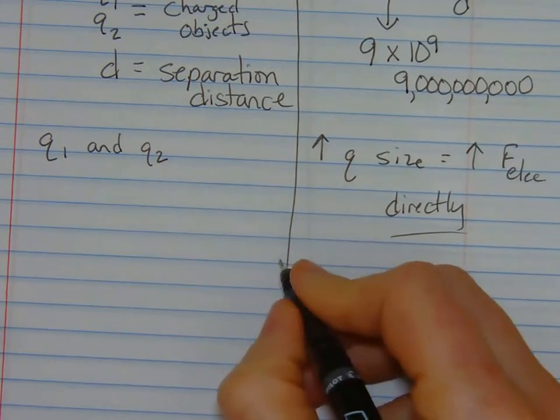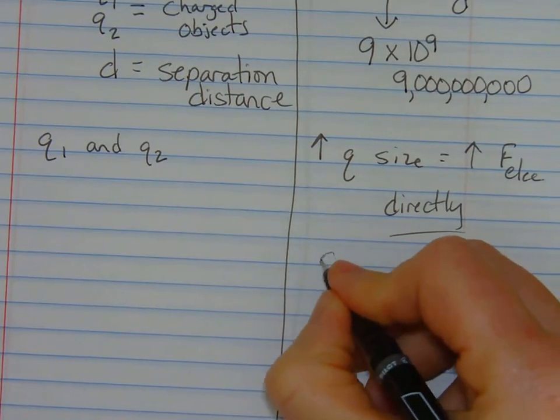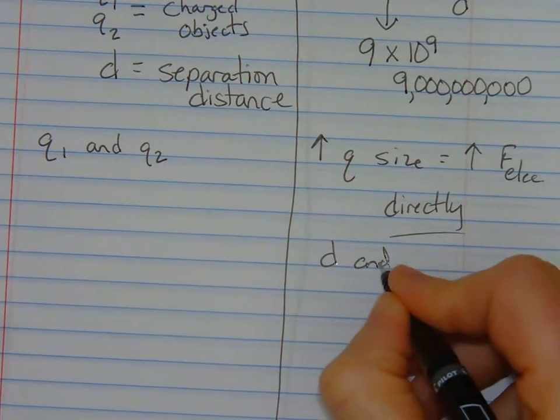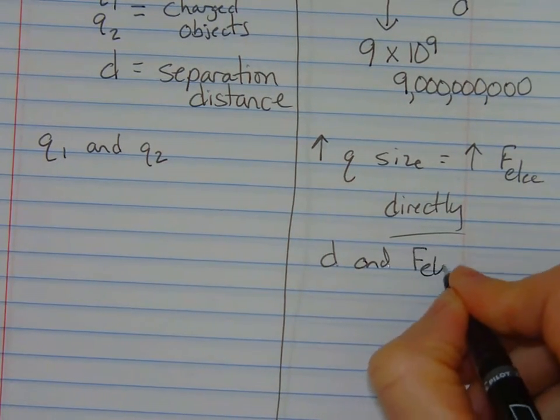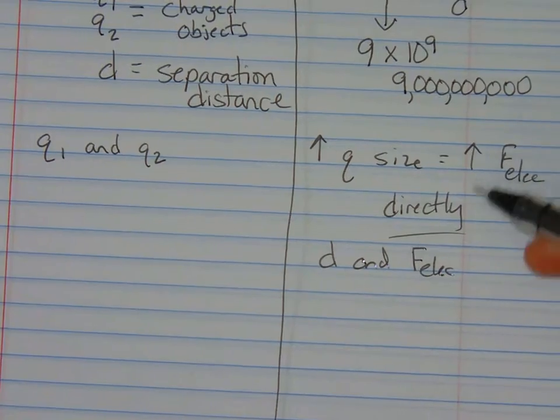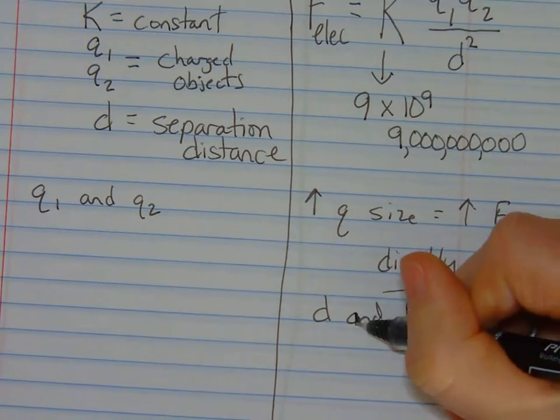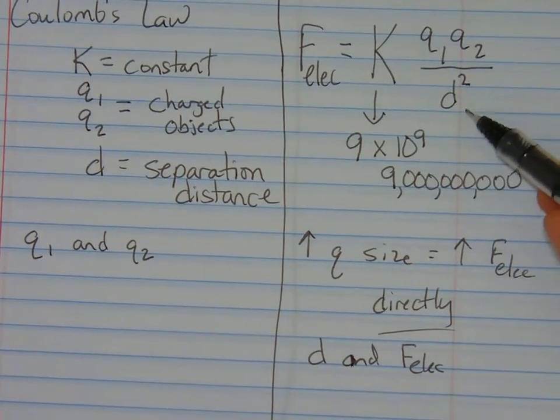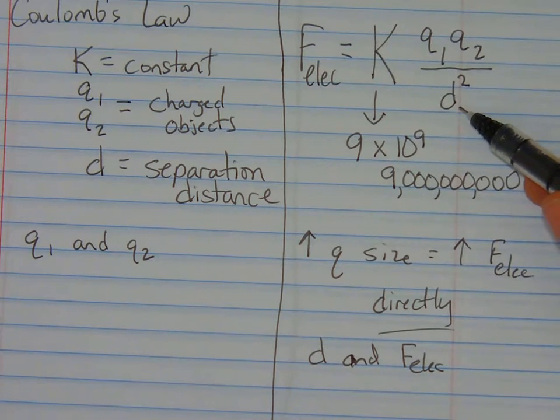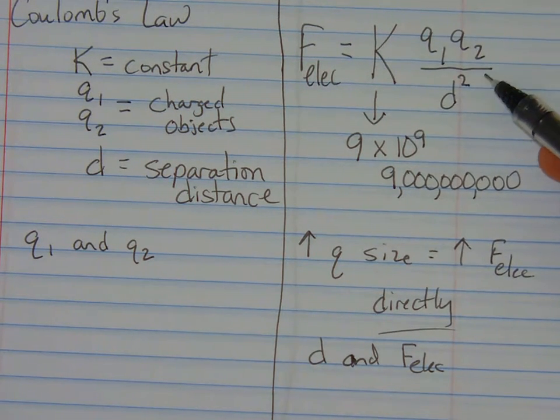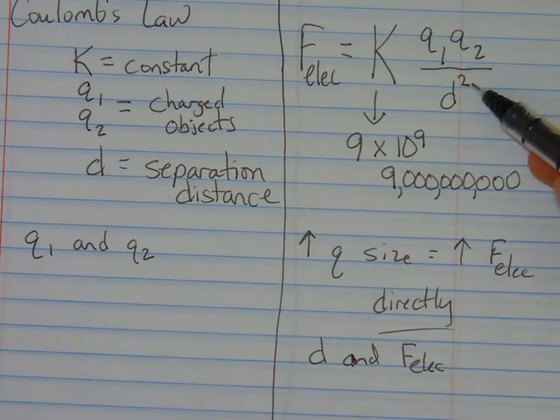If we were looking for the relationship between separation distance and electrical force, if we look at the equation, if D gets bigger, you are now dividing by a much larger number, because that even gets squared, so it gets distorted even more.